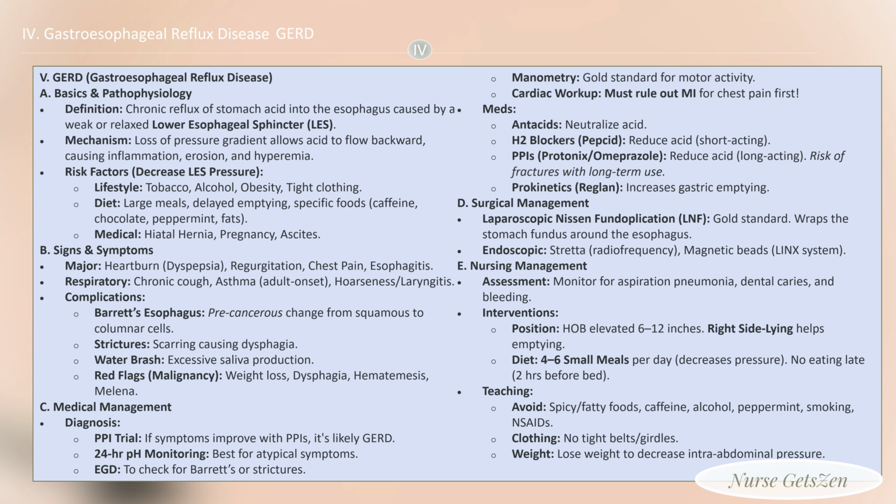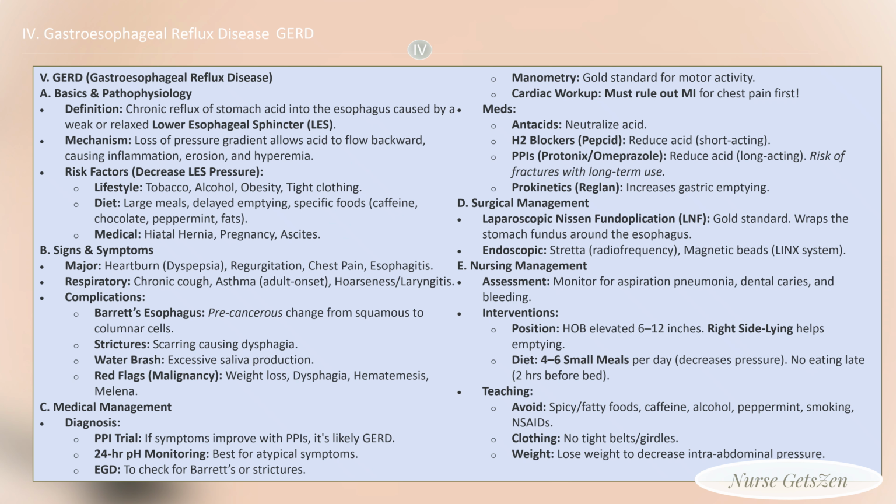The prokinetic medications increase gastric emptying, like metoclopramide. The PPIs, the proton pump inhibitors, reduce acid production and are long acting, but long-term use is associated with side effects like fracture. So see table 56.4 for more details.